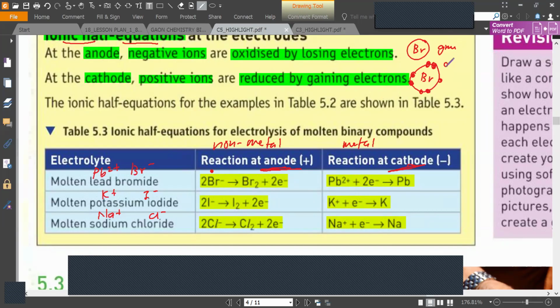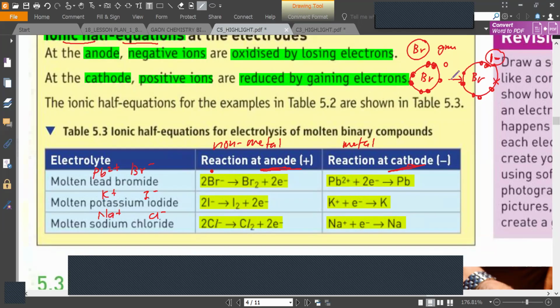This is bromine 0. Once it reacts, normally it will receive 1 electron from the metal, so now it's got the octet. The charge is now -1.